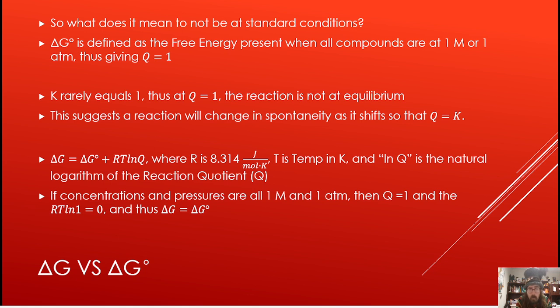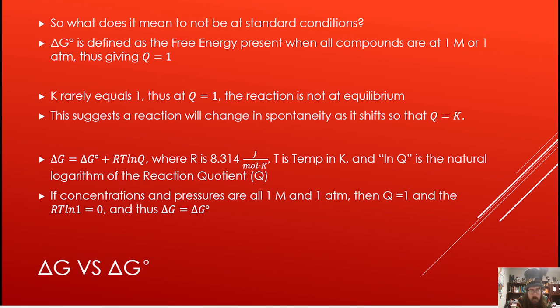Well, when all of the concentrations are 1, when Q equals 1, the natural log of 1 is 0. So the definition of Gibbs standard is that when the quotient Q is 1, we are at Gibbs standard state condition.